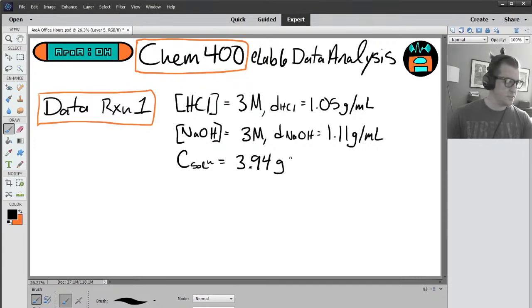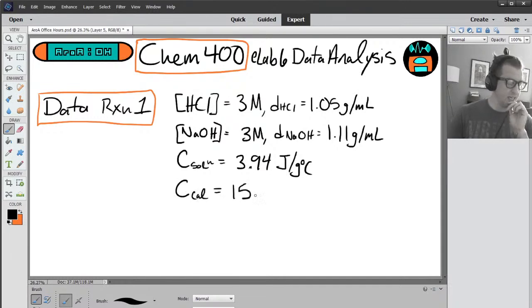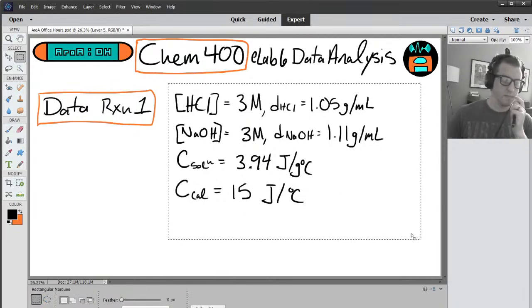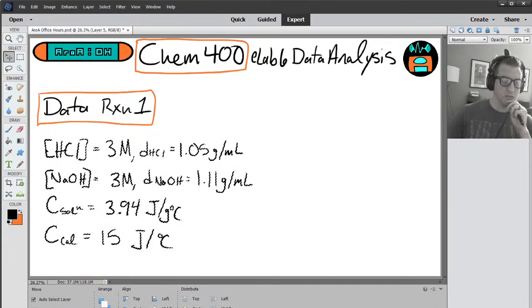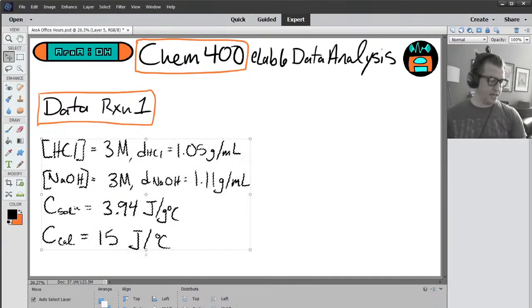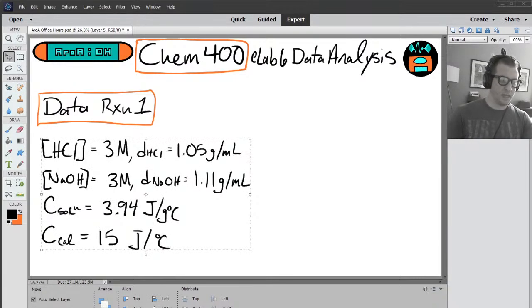This is, sorry, no, this is joules per gram degree C. And then my heat capacity of the calorimeter is 15 joules per degree C. And then I have some additional data.